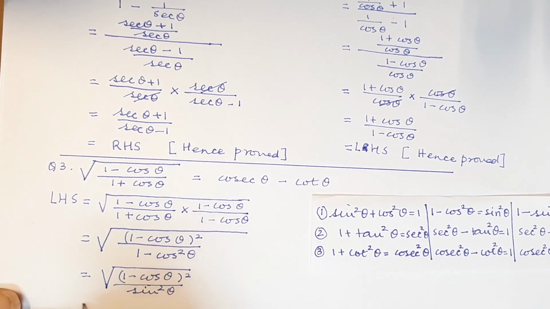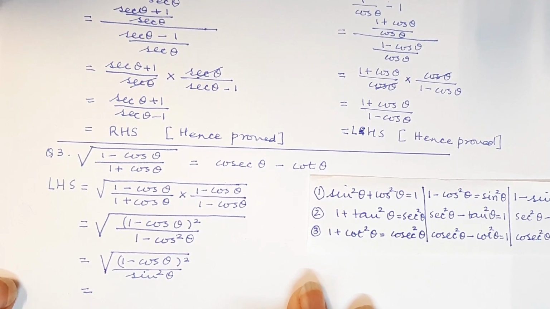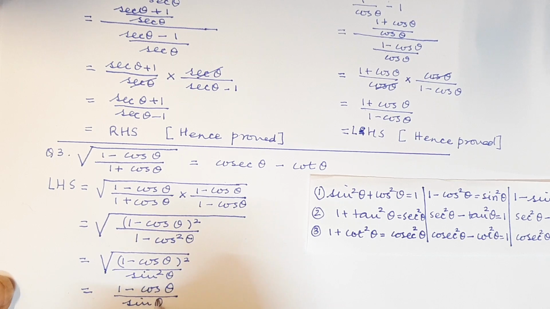So now what we will get is the square in the numerator, the square in the denominator, and so we will be able to take the square root of the numerator, giving us 1 minus cos theta, and denominator is sine square theta, for which the square root will be only sine theta.